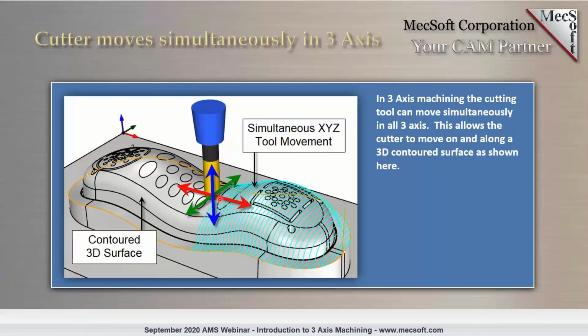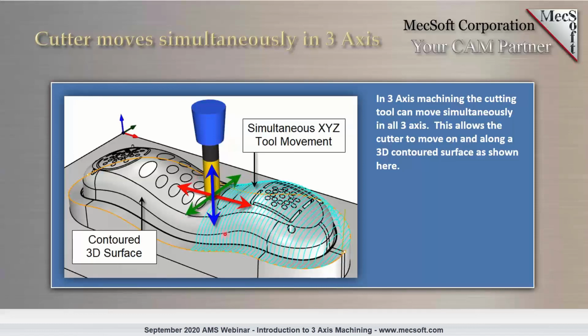Now, in this three-axis, we have several different types of strategies for machining, and we will be covering them during our demo. So three-axis refers to three linear axes: the x-axis, which runs typically left to right, the y-axis, which runs back and forth, and then the z-axis, up and down.